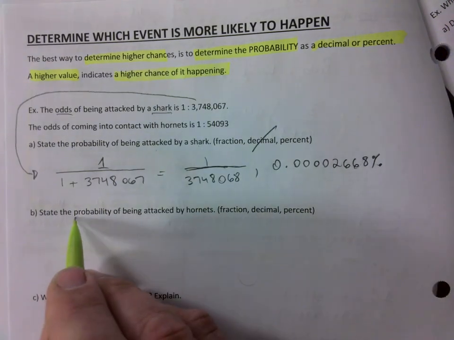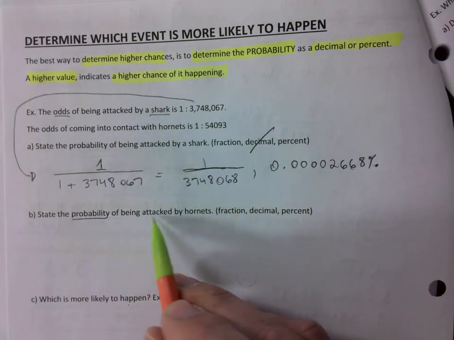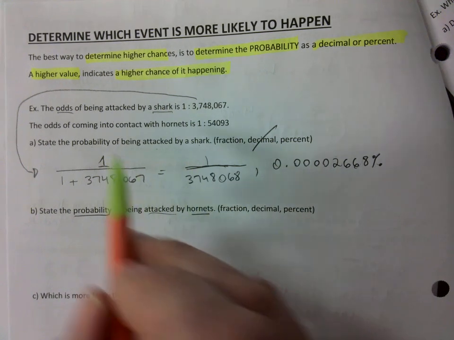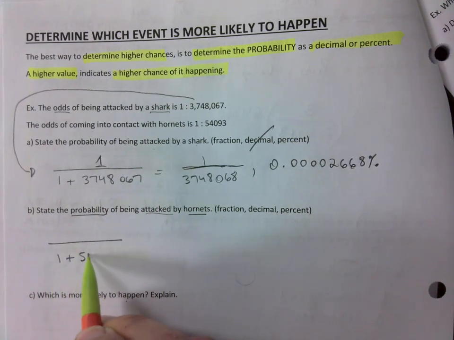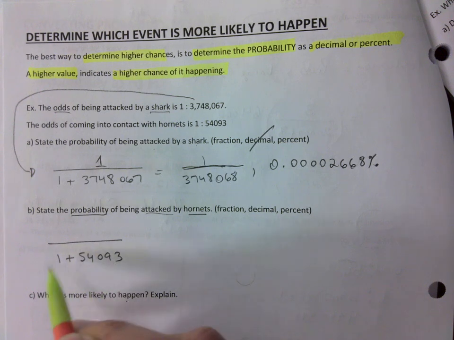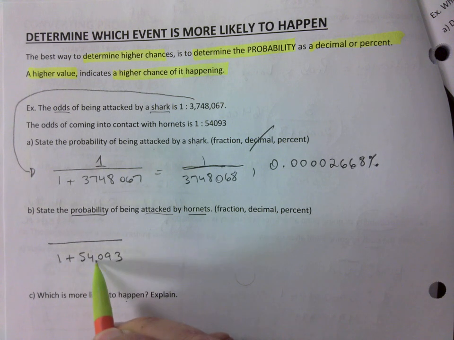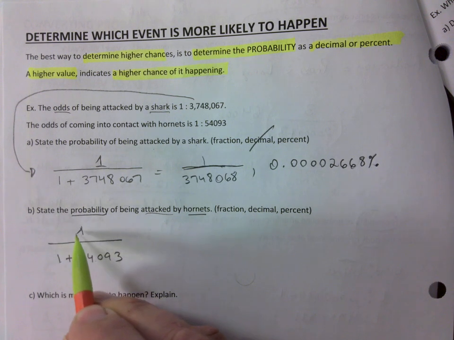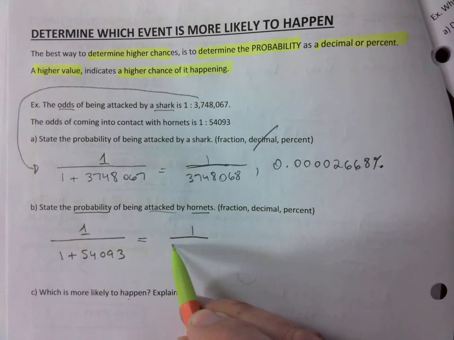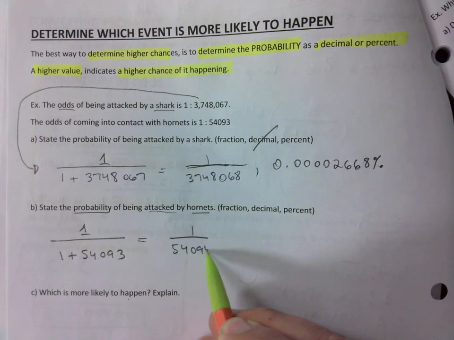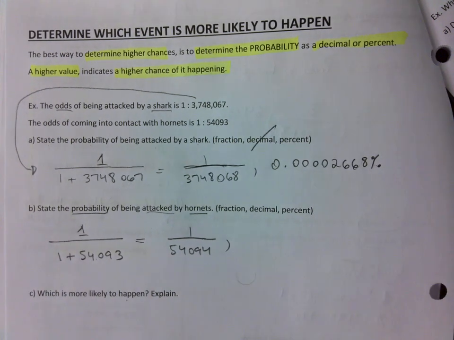Okay? State the probability of being attacked by hornets. So hornets are up here. Again, we're going to a probability, so you need to get your total number of instances. So you take it happening, it not happening, and it's 1 on top in this case. So that translates to this. And we're going to go straight to percent.